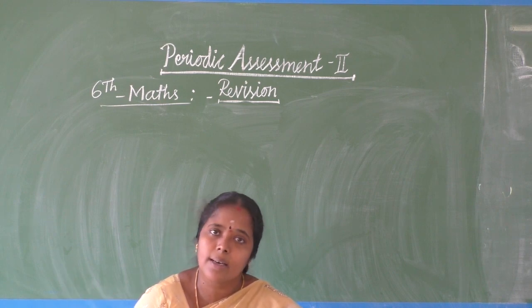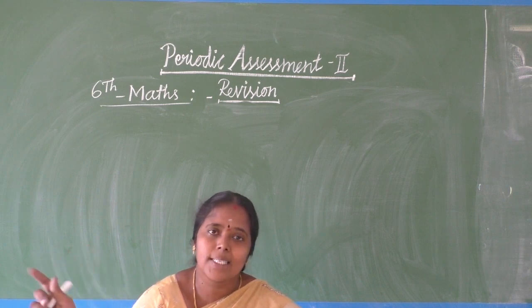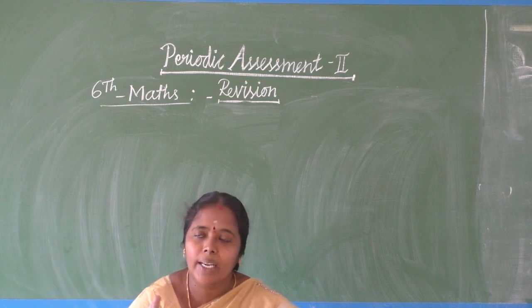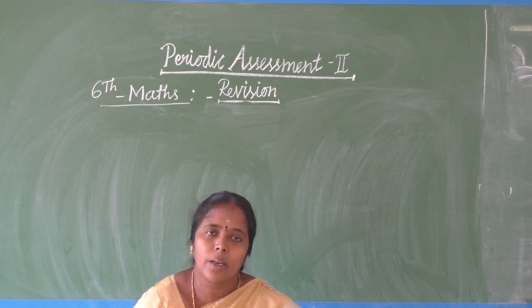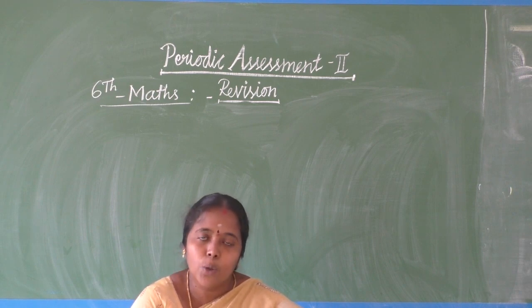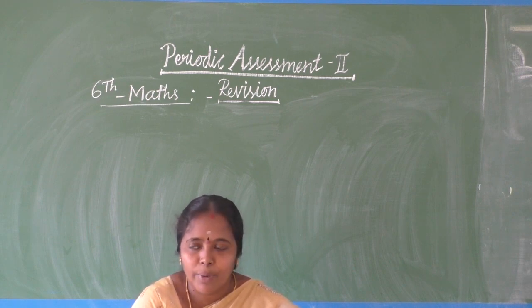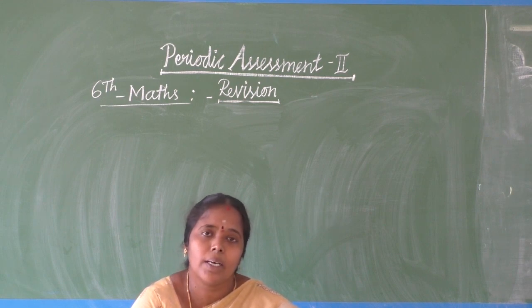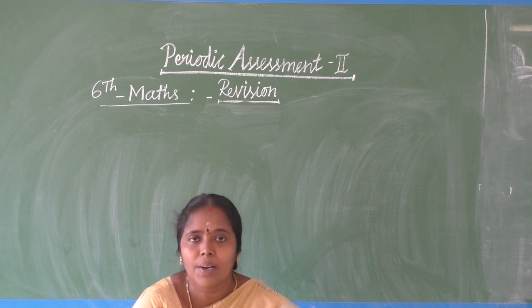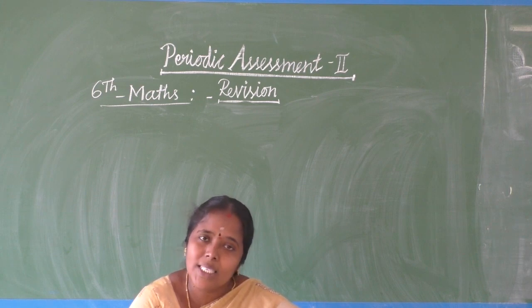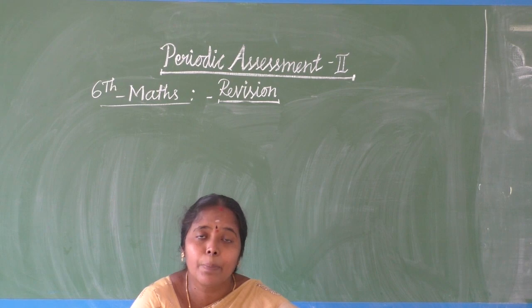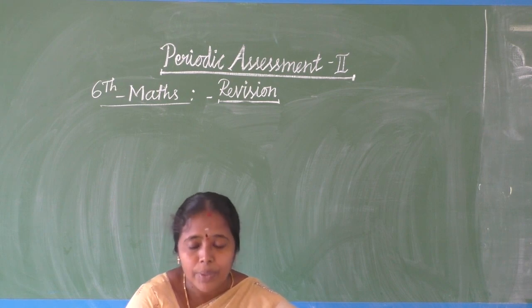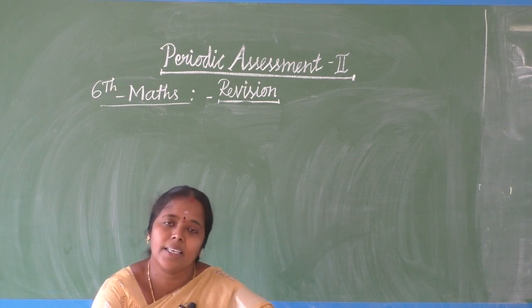We have taken 1 and 6, 2 and 3 for multiplying to get the answer 6. That means 1, 2, 3, 6 are the factors of 6. What is that 6 called here? Multiple or product. Understood? This is about factors and multiples.